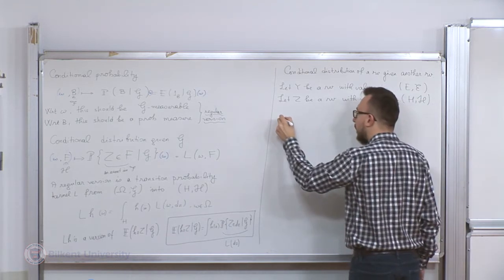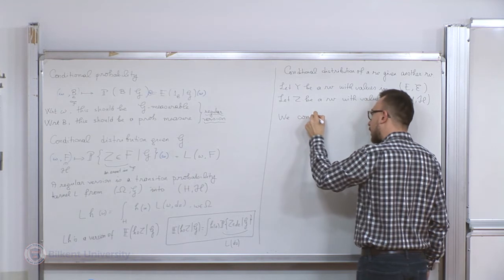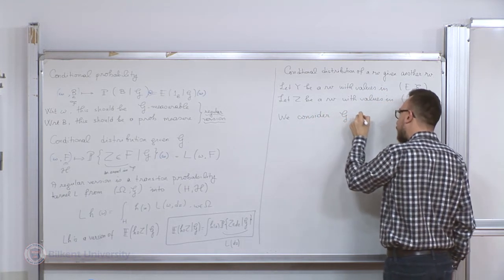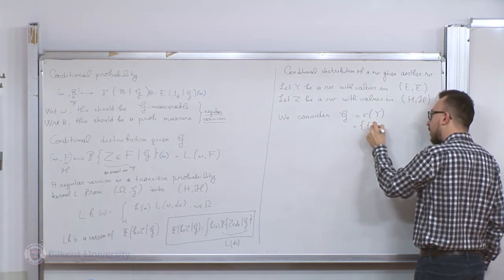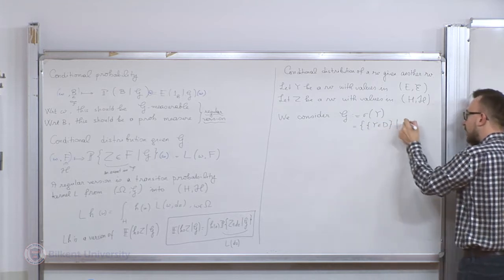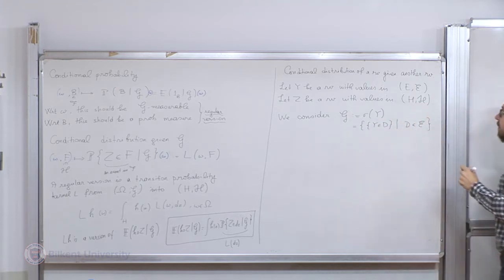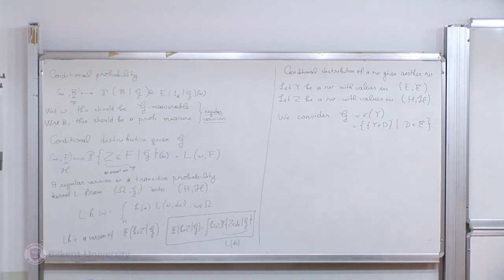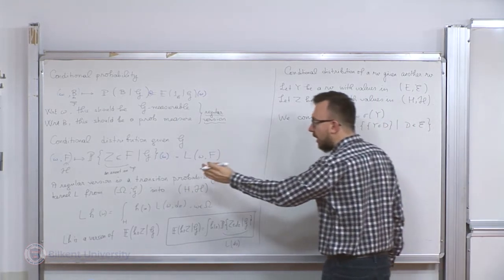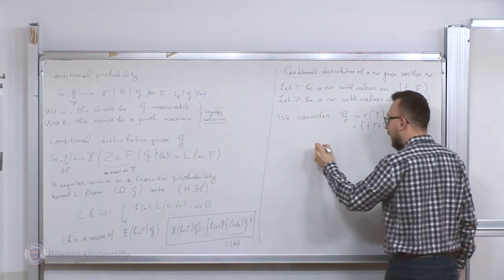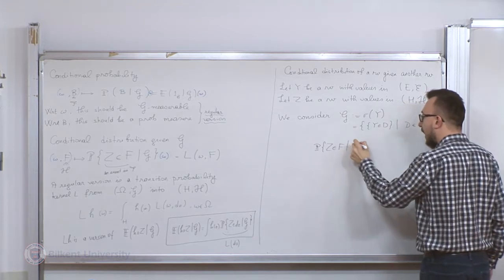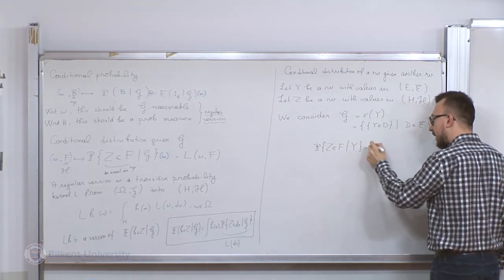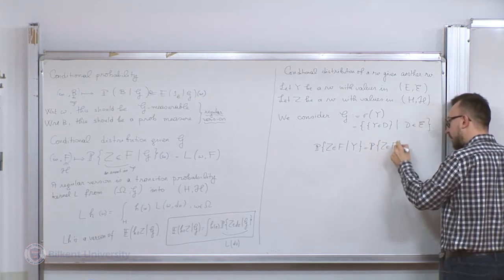So in this case, we consider this sub-sigma algebra generated by Y. So it consists of events of the form Y takes values in D, where D is coming from the image space of Y. We know that this is a sigma algebra. So we can just use this G in this setting to define the conditional distribution of Z given Y. So we simply define it as Z in F given sigma of Y.